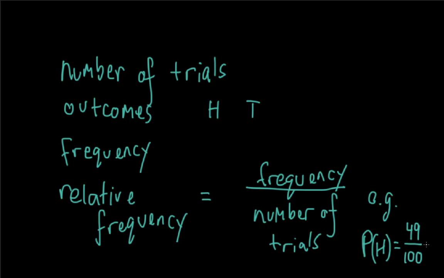So we would have a probability of 0.49. We might read this as 49%, right, as our probability.